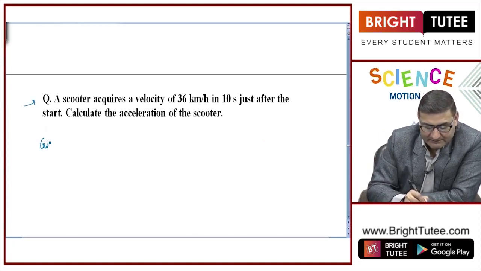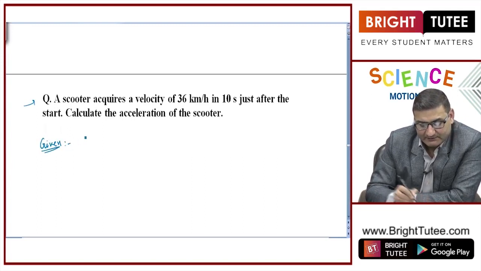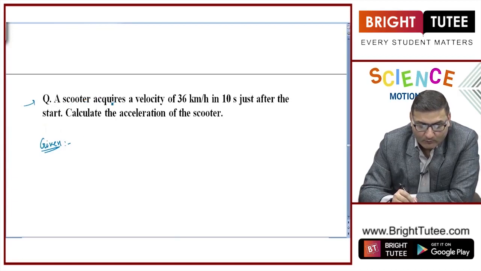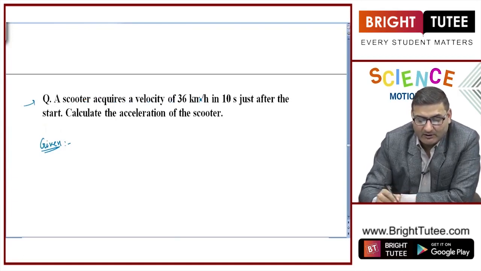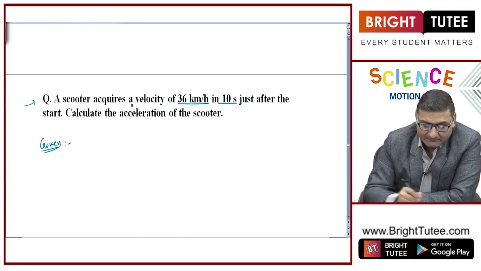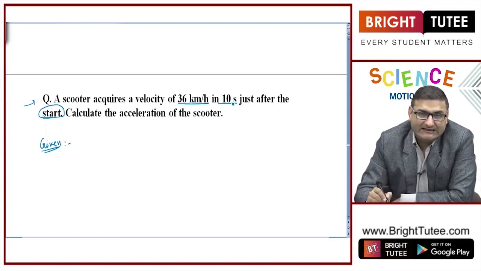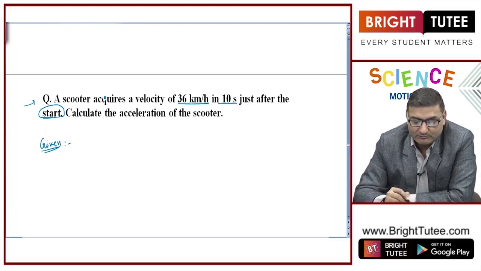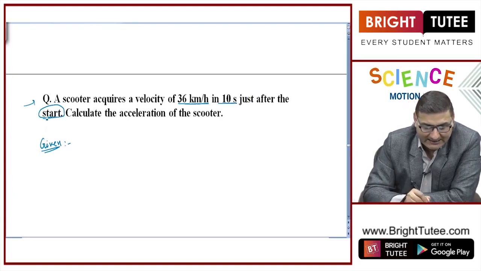First of all, we will see what exactly is given to us in the question. Let us read. A scooter acquires a velocity of 36 kilometers per hour in 10 seconds just after the start. These are the three key ingredients of this numerical. I need to relate firstly that this scooter was at rest.